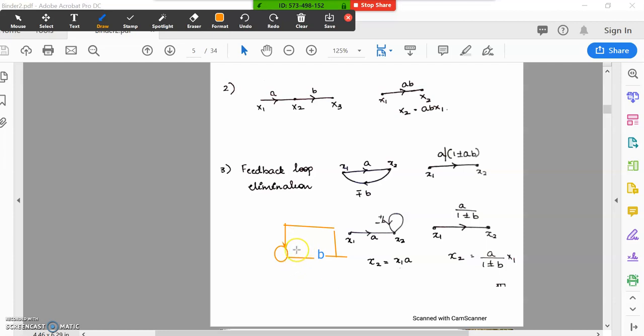If this is a negative feedback, then what will be the value here? How do we represent it?